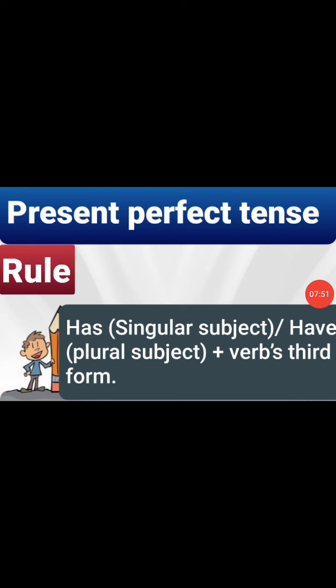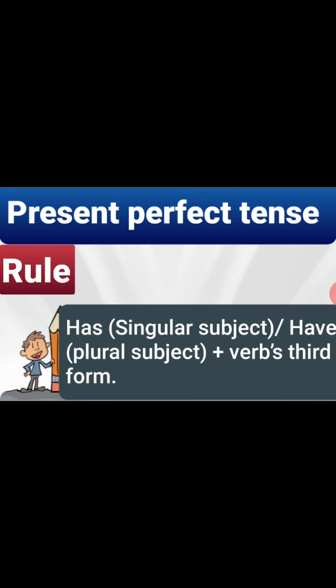Now students, present perfect tense. Remember what is perfect tense? The work which has been completed perfectly. That is, none of the things is left. That we call perfect. So what is the rule? Has or have plus verb third form.